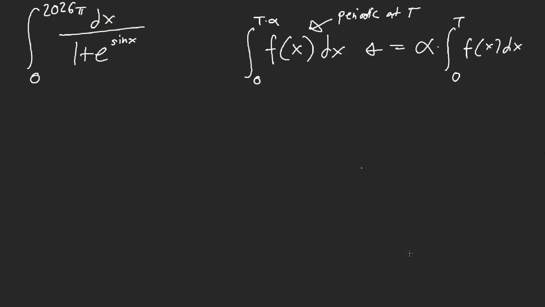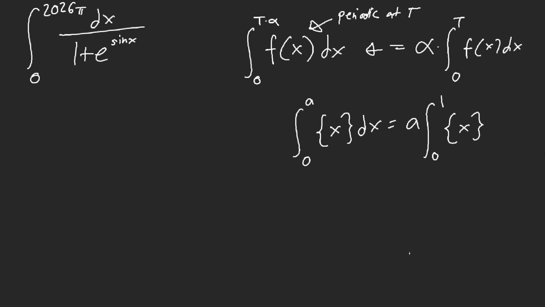If you remember the periodic property, like we always do this, this is a good example. This is a times 0 to 1, because it's periodic at 1.